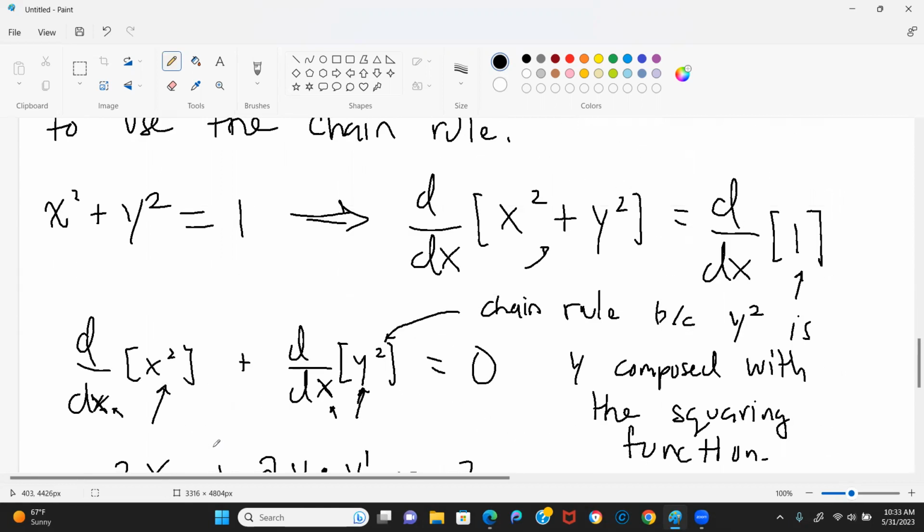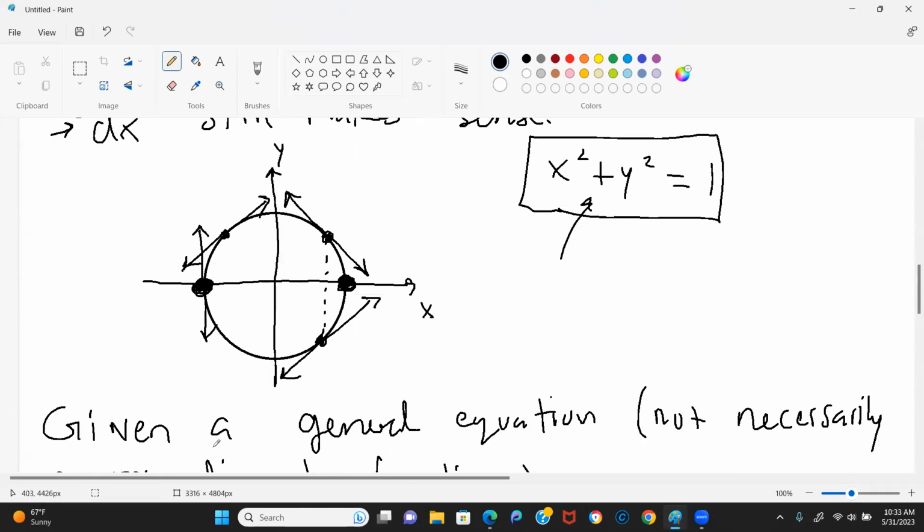And those are exactly where we have these vertical tangent lines. This point right here is -1, 0, and this point right here is 1, 0. So this process of differentiating the equation gives us the right result, and it syncs up with our geometric intuition about what a tangent line is.